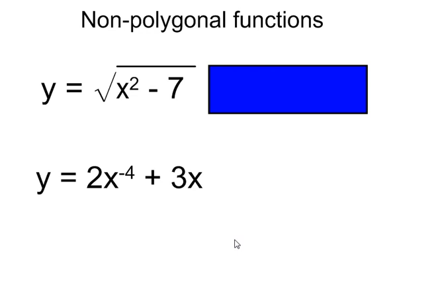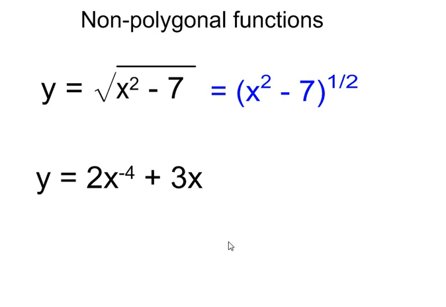Here I have two examples of non-polynomial functions. Why are they non-polynomial? One way I can write a square root is to the power of 1/2. The power of 1/2 is what makes this not a polynomial function.